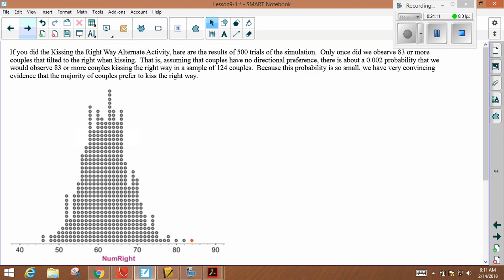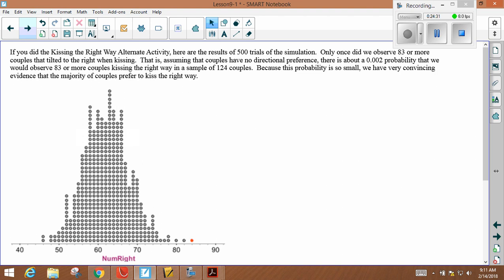So I did 20 trials with my calculator, and I think also the one we did in class, we got 0, right? 0 cases where we had 83 or more.